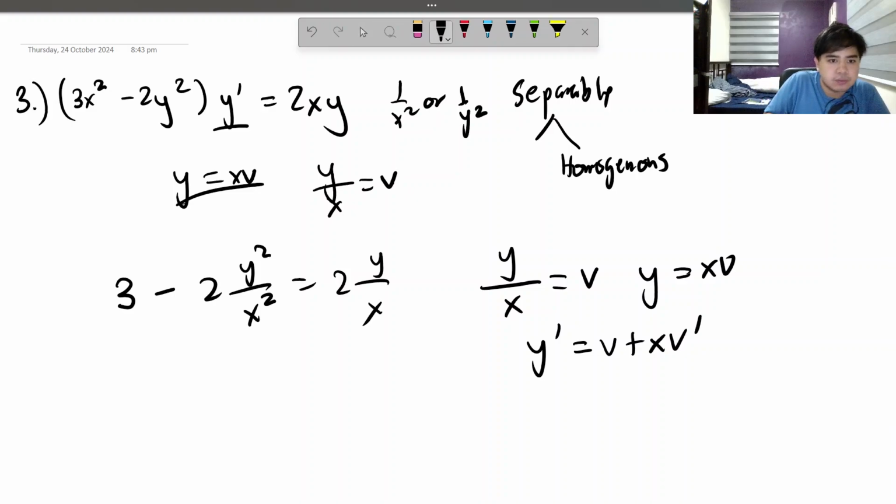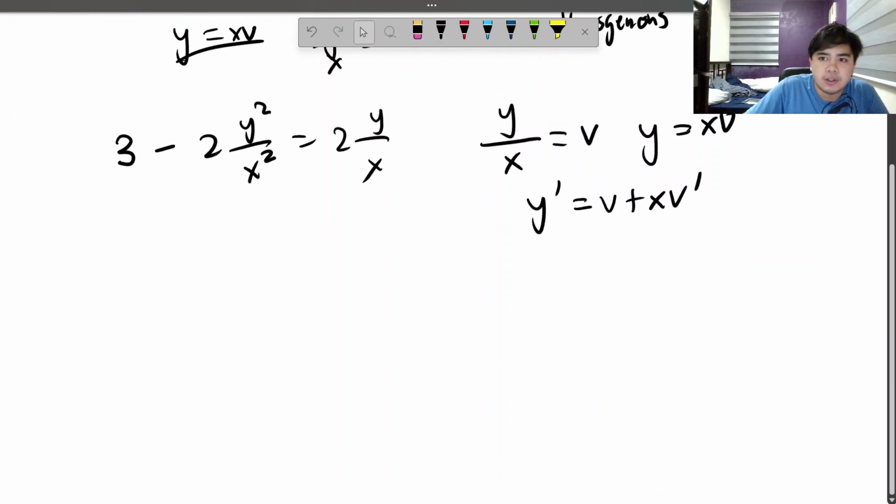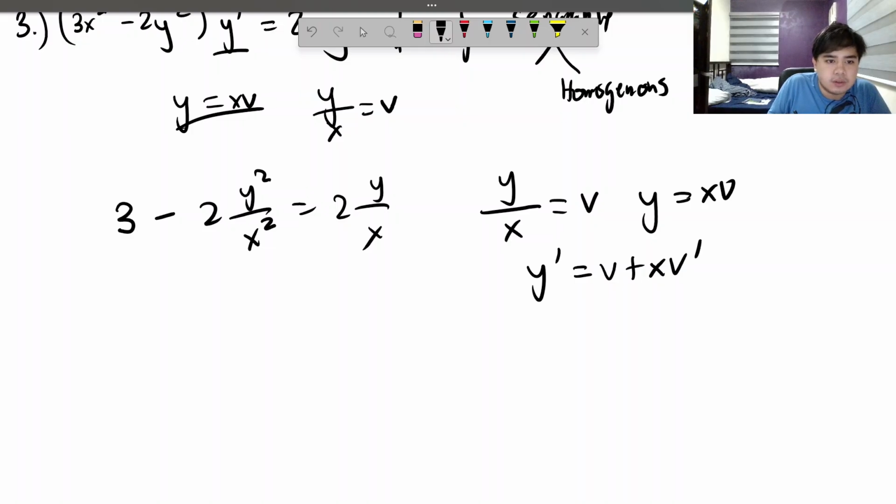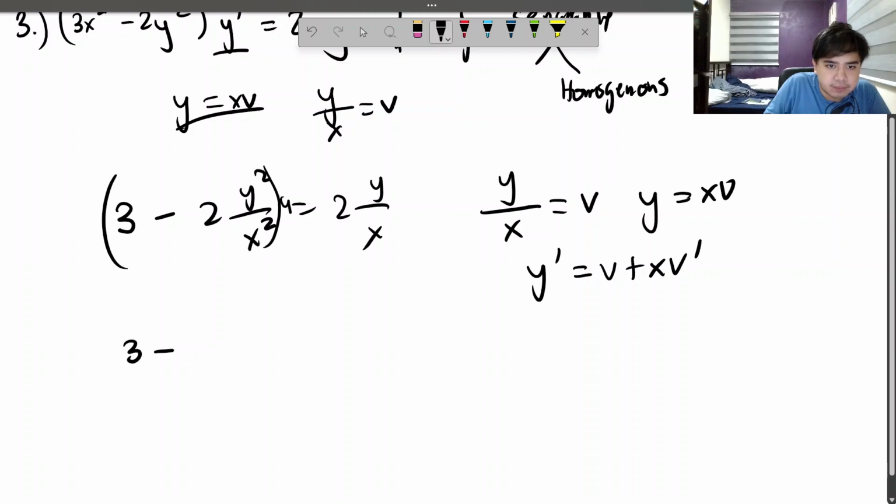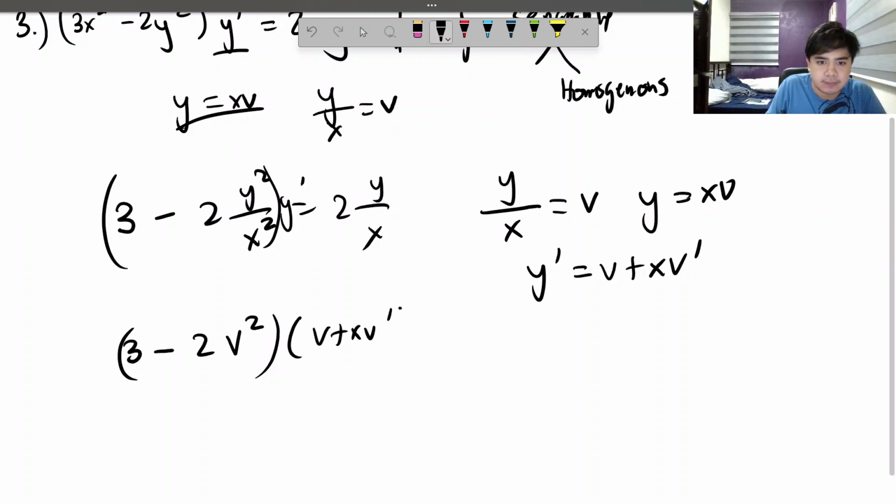So now, here we go. 3 minus, I forgot the y prime here. There, that's important. So 3 minus 2 times v squared, and then y prime is v plus x v prime, equals, on the other side, 2v.